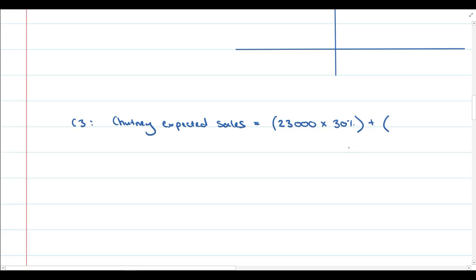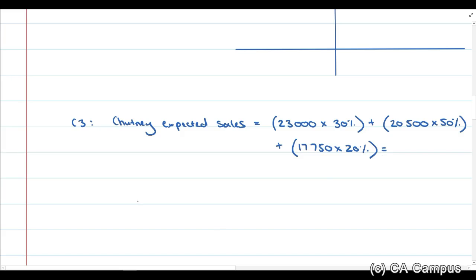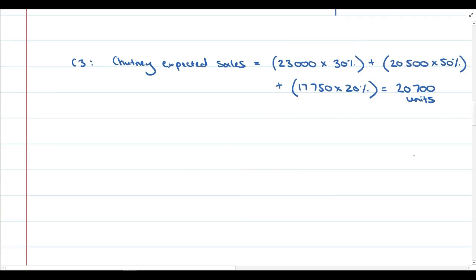There is a 50% chance that she's going to sell 20,500 units. And there is a 20% chance she's going to sell 17,750 units. So if you multiply all of that out, it gives us expected sales of 20,700 units. So that's what we'll use as budgeted sales in all of our calculations.